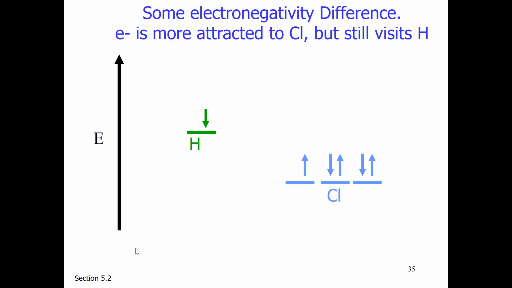So this means there is some electronegativity difference. So the electron is attracted to chlorine, but it still visits hydrogen. I guess this would kind of be like if hydrogen and chlorine got a divorce and the dog got to sometimes visit hydrogen and sometimes visit chlorine. So hydrogen would be a little partially positive because they don't fully have the dog.